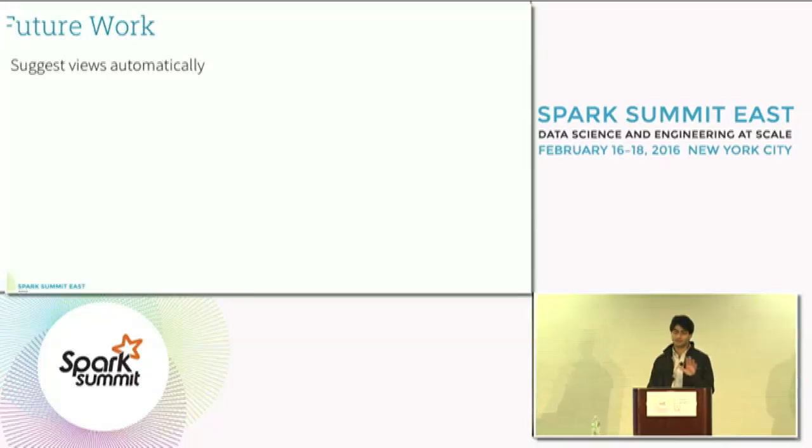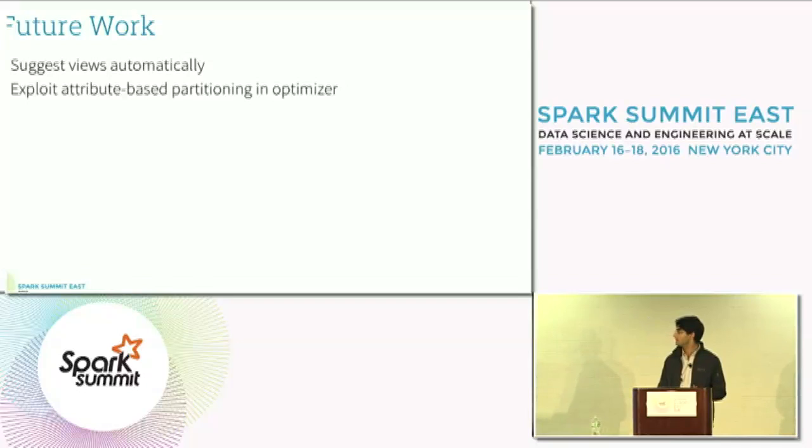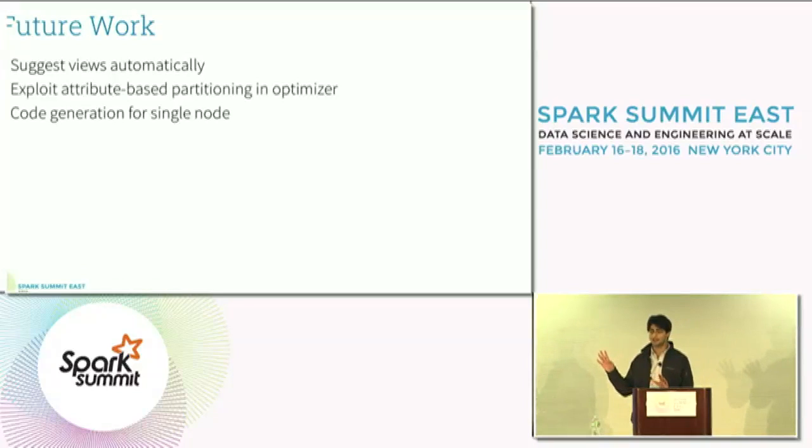Okay, it's still very early for the project, but here are a few things that we hope to work on after we've finished the initial version. One interesting idea is that we can use some internal data structures here to suggest views automatically rather than asking the user to do that. It won't be as good probably, but it can maybe even tell the user, here are some interesting things that are coming out of your workload.